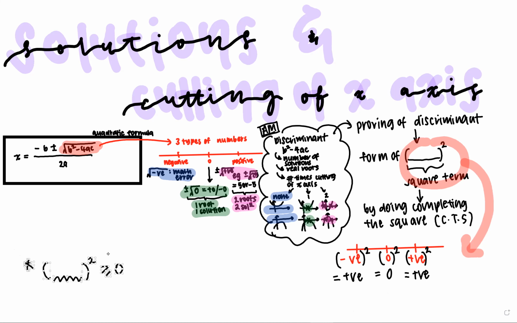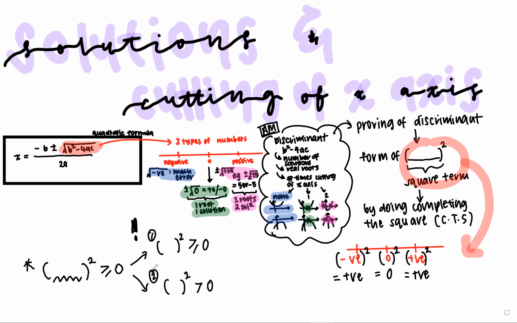Now, I want to go more in depth in this. However, there are certain situations whereby sometimes, not all the time, it can be greater or equal to 0. Sometimes it will just be greater than 0. Can someone tell me what's the difference between the first and the second one?